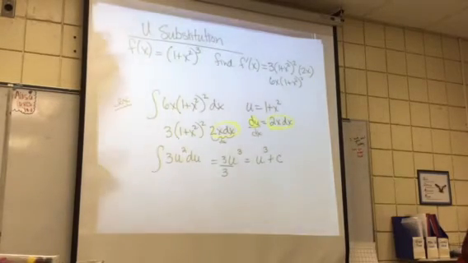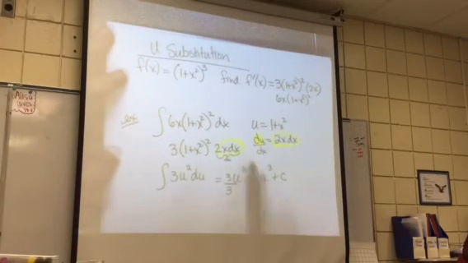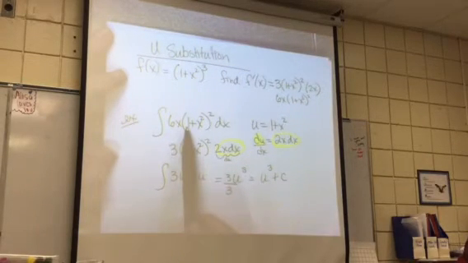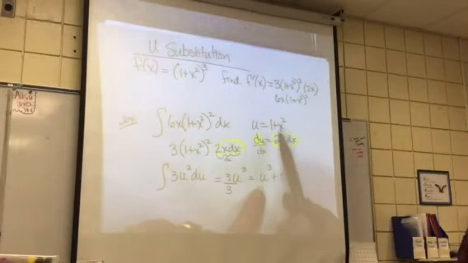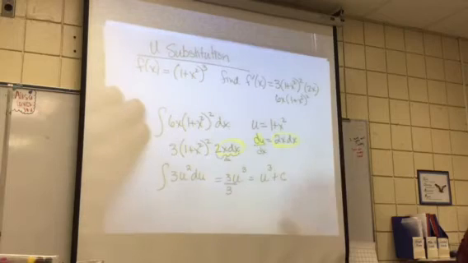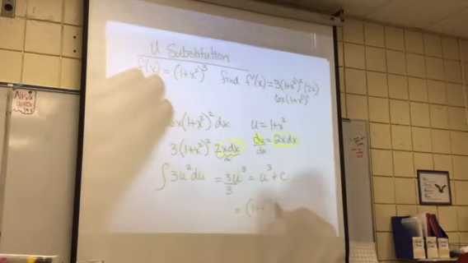I guess it is the same thing. Do I want my answer to be in terms of u? What was the original problem in terms of? x's. So we just now need to go back and substitute u is the same thing as 1 plus x squared. So really our answer to this question is 1 plus x squared cubed plus c.